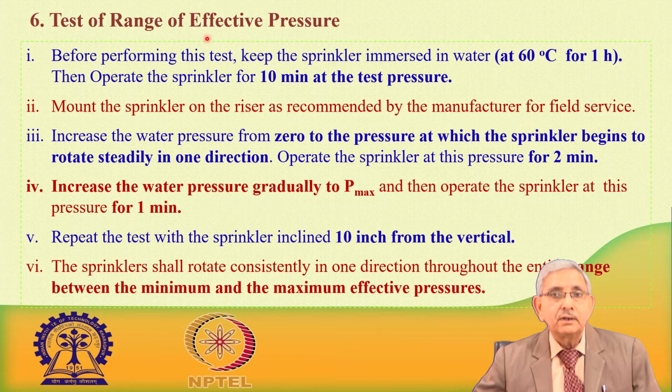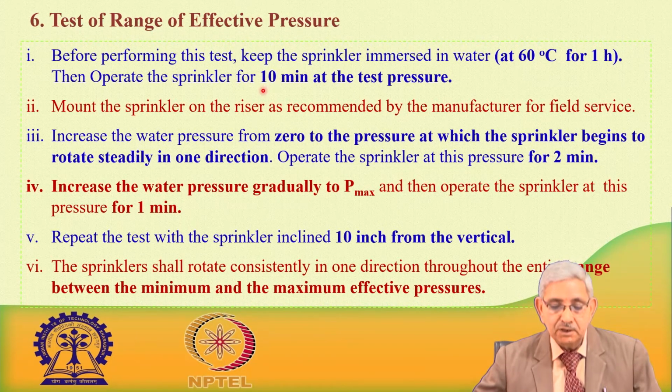Test of range for effective pressure is another test which is recommended. Before performing this test, keep the sprinkler immersed in water at 60 degrees Celsius for 1 hour, then operate the sprinkler for 10 minutes at the test pressure.